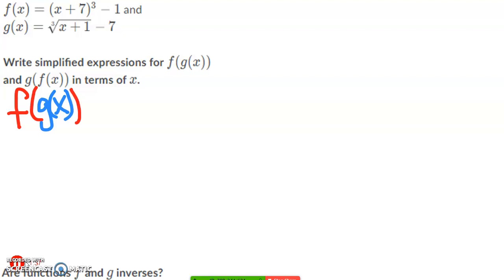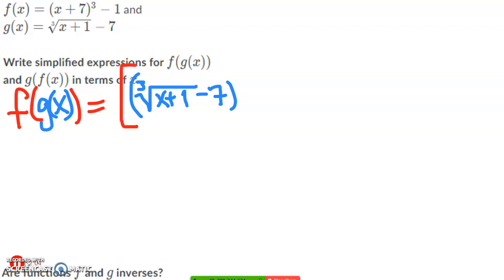And f of g of x is, let's see, I'm going to do it this way. g of x is cube root of x plus 1 minus 7. Okay, and f of x goes around that. So f of x is x plus 7 cubed minus 1.